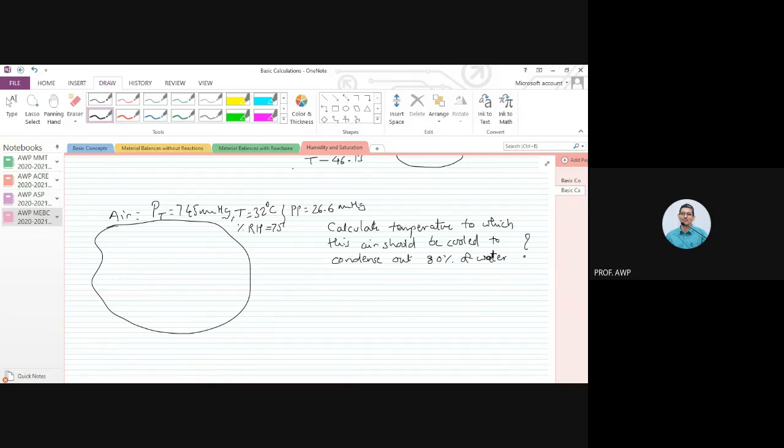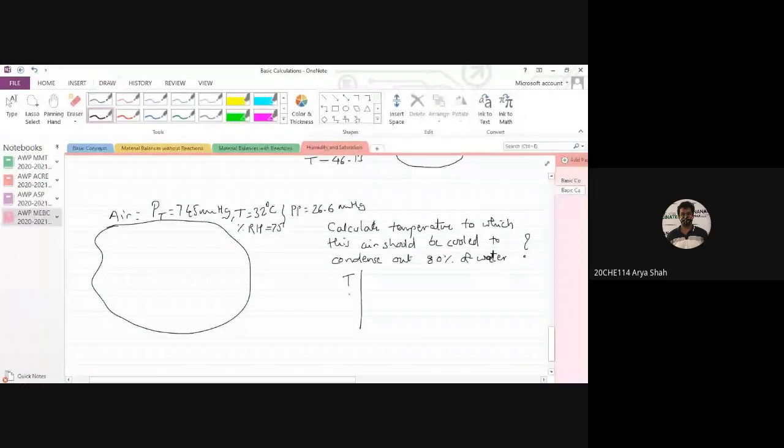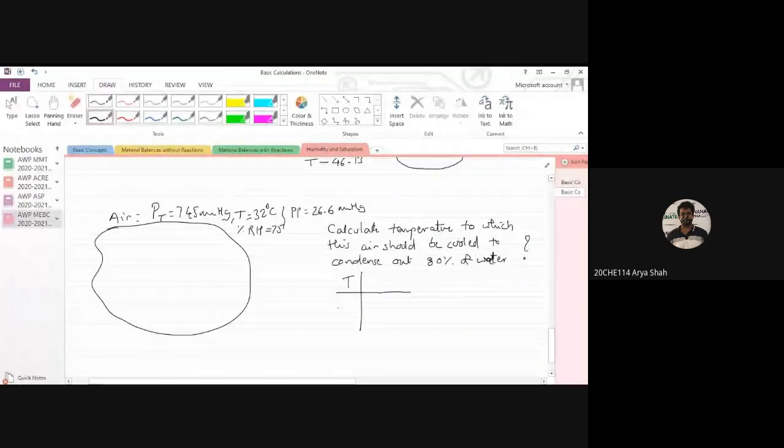So whoever had doubt, once you solve this problem, automatically your doubt will be answered. I know what your doubt would be. Sir, 2.62 degrees Celsius. Okay.